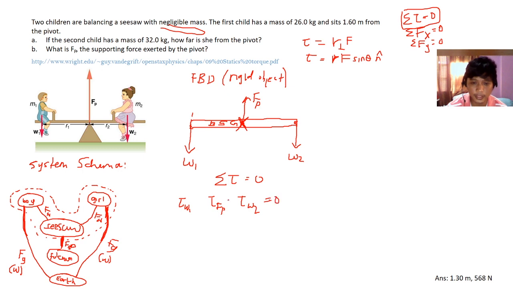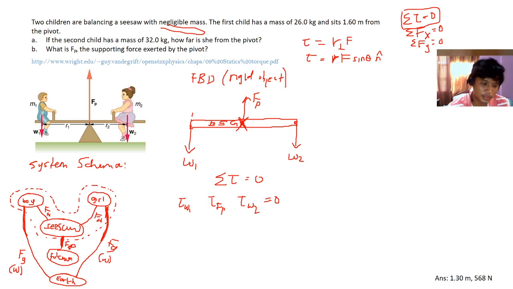Now I left space in between because I want you to think about whether this force produces positive torque or negative torque. Now remember, if a force produces clockwise rotation, then it produces a negative torque. Or if that force produces a counterclockwise rotation, then it produces positive torque.